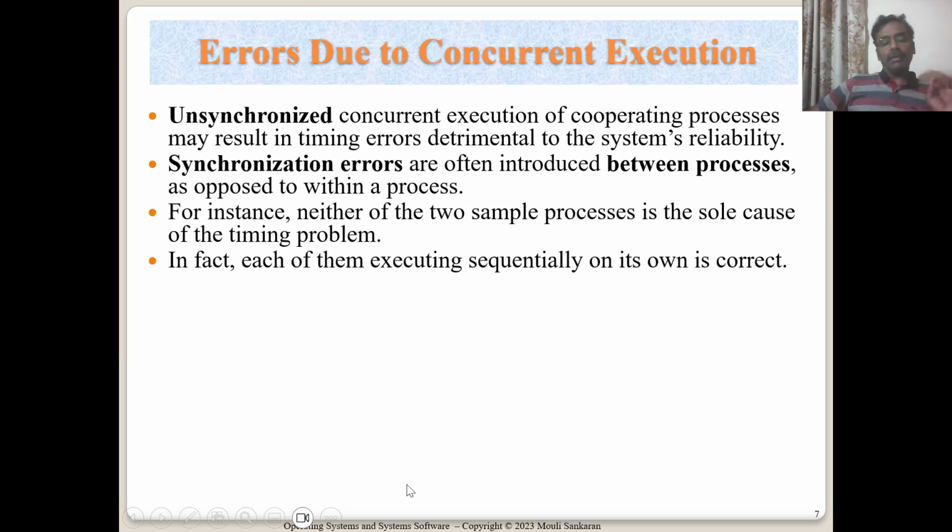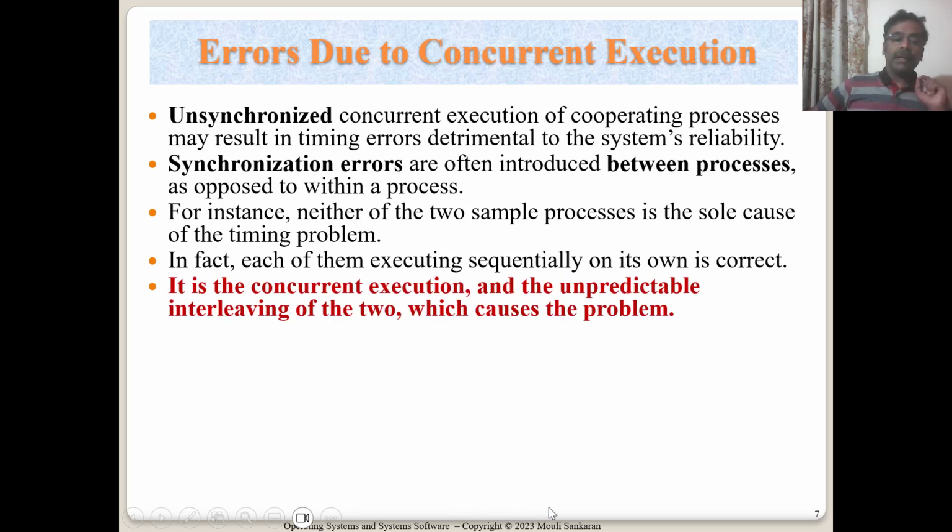You have to be careful when you are writing multitasking, multi-process applications with cooperating processes that access common data. You need to think about the IPC mechanisms being explained here, and you have to use them in your code. It is the concurrent execution and the unpredictable interleaving of the two that causes the issue.